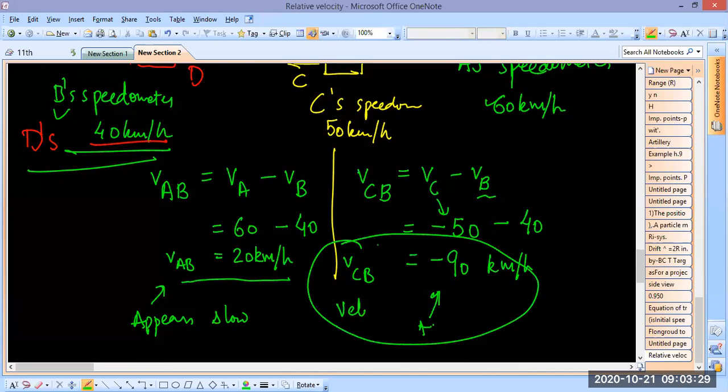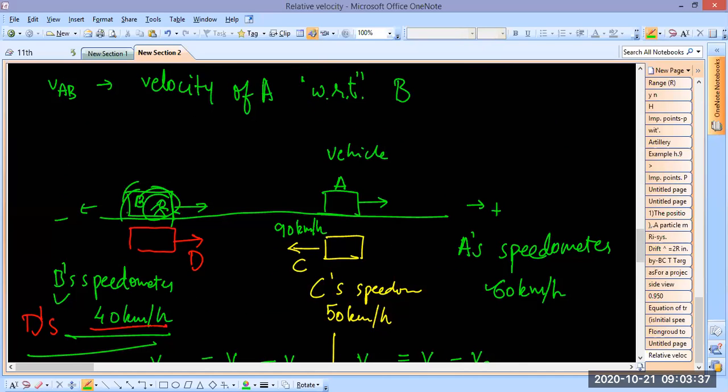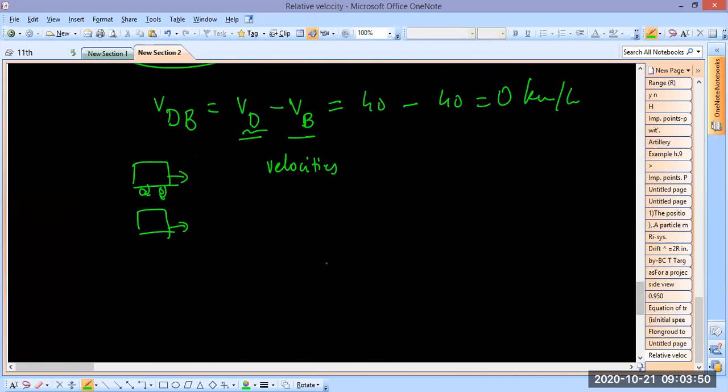It is not your imagination that this car is fast and this one is slow. No, this is reality. If you see it from this vehicle, this C will appear fast compared to A. Okay, so you should not forget this.